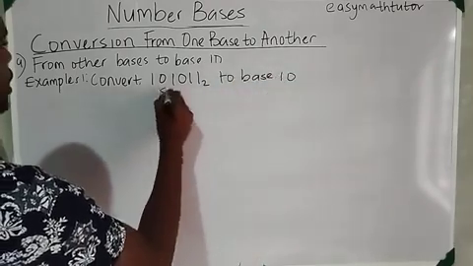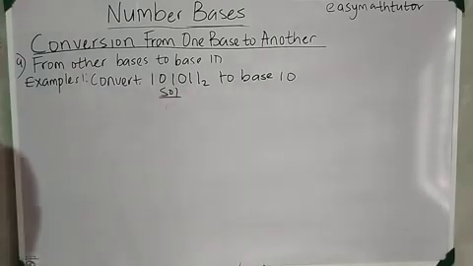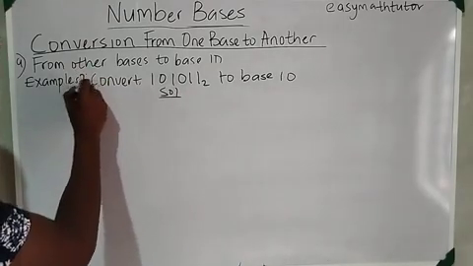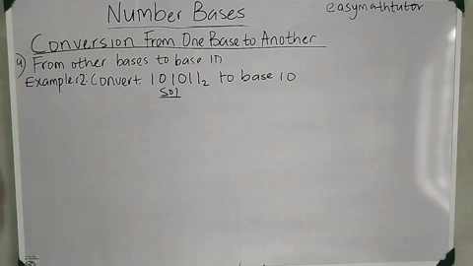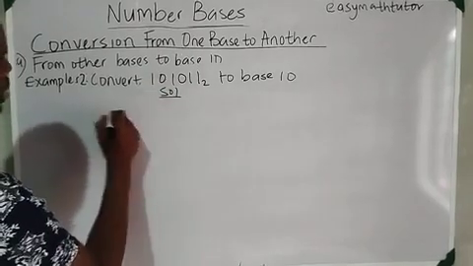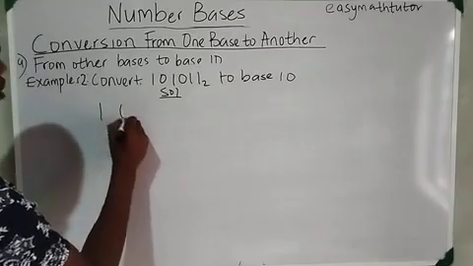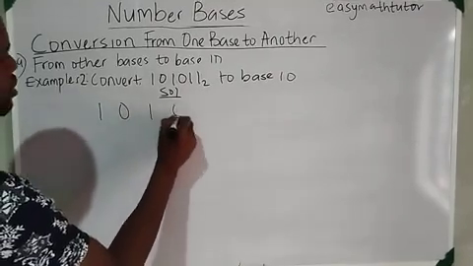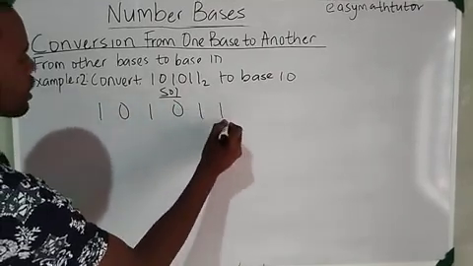We are going to follow exactly the same pattern as the first example. So what is the first step? We want to write these numbers out. Again, 1, 0, 1, 0, 1, 1 in base 2.